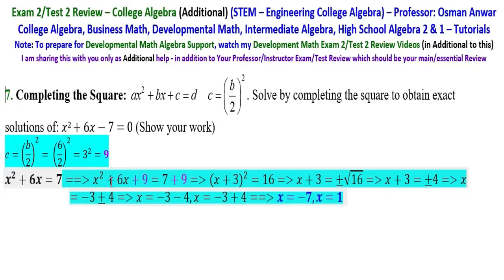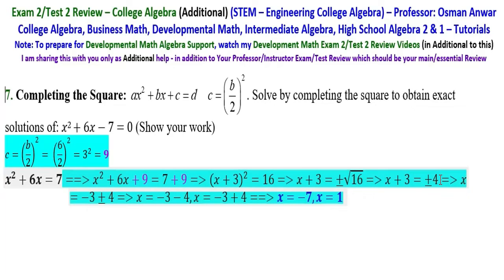So x squared plus 6x plus 9 equals 7 plus 9. Then this completes the square. This is x plus 3 squared, the left hand side. The right hand side is 16. Take square root of both sides. So this is x plus 3 equals plus or minus square root of 16, which is 4.